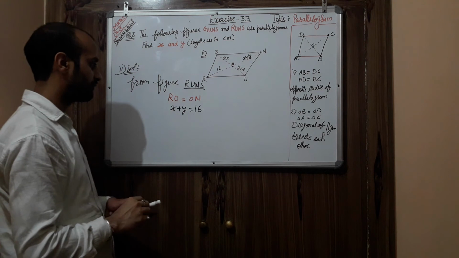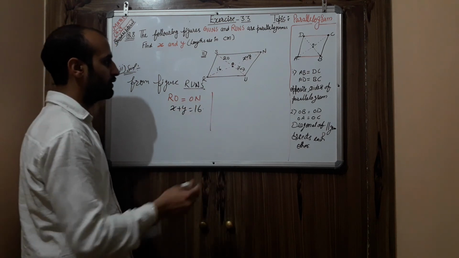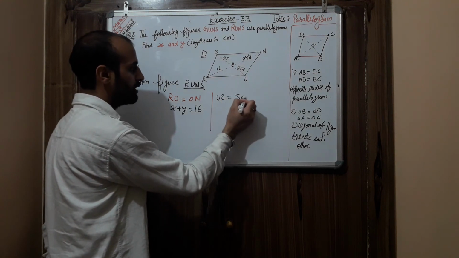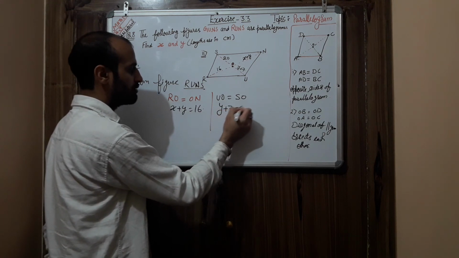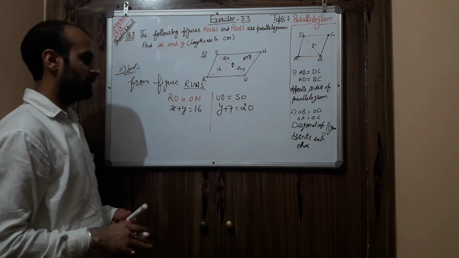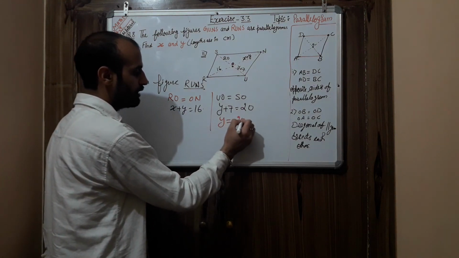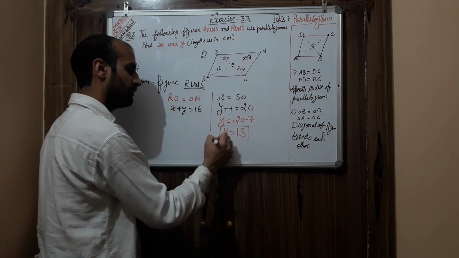And second, from the same diagram, UO must be equal to SO. So here we can write y plus 7 must be equal to 20. From this part you can calculate easily y is equal to 20 minus 7. So you will get y is equal to 13.